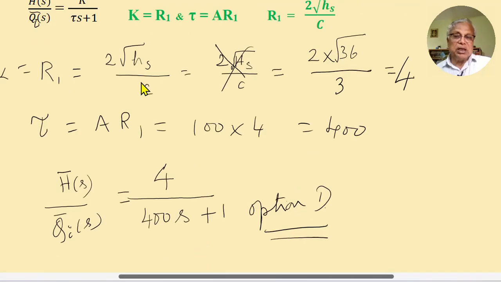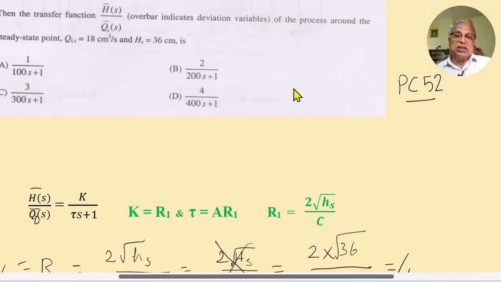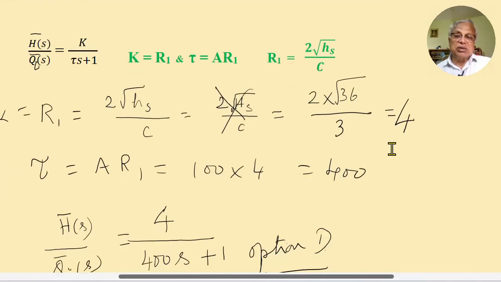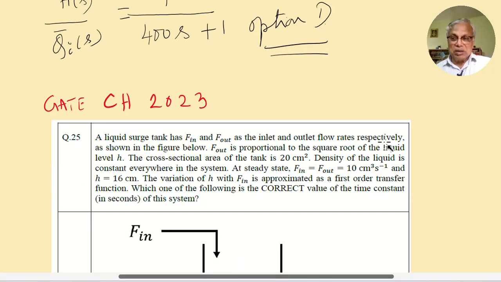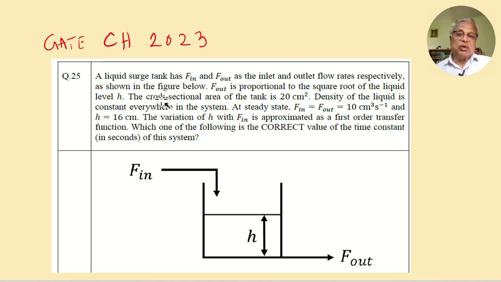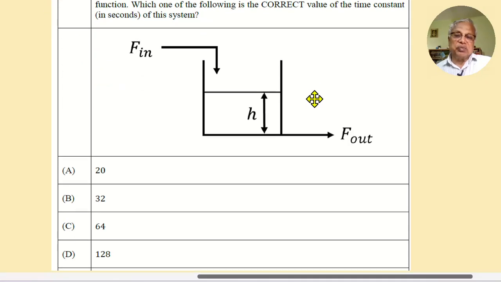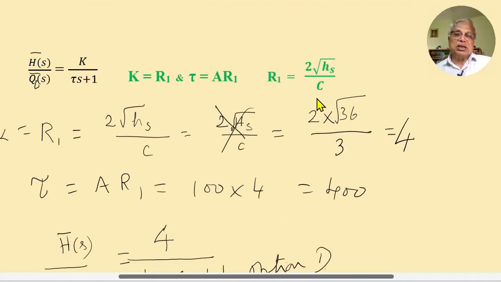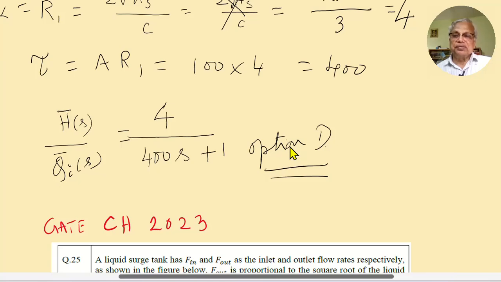Read every word, every sentence. Once you understand the theory and the equations, the solution will be hardly 2 or 3 steps.